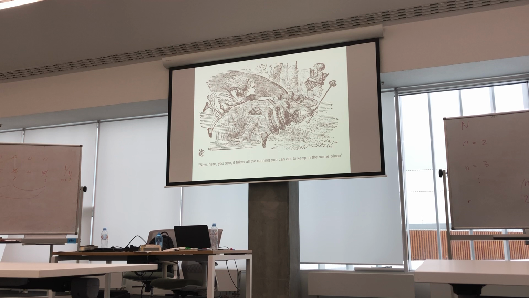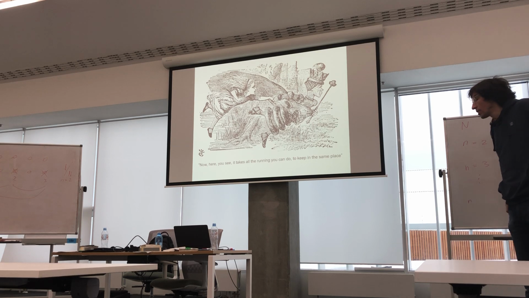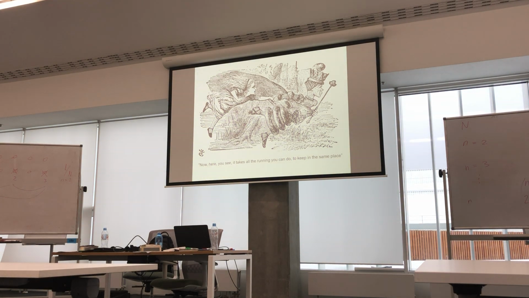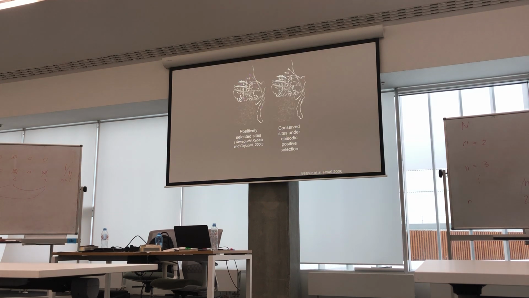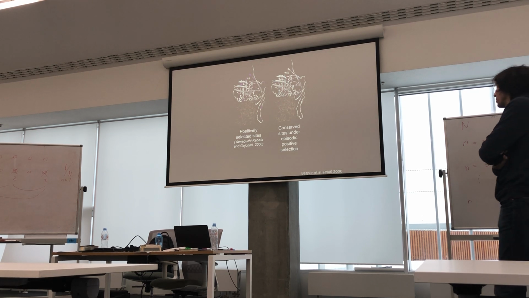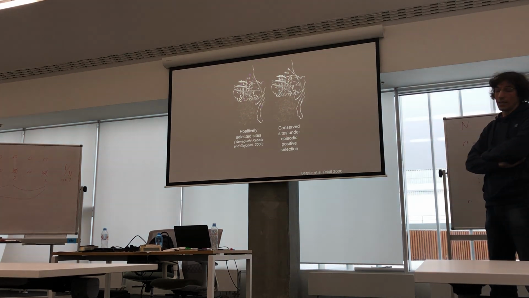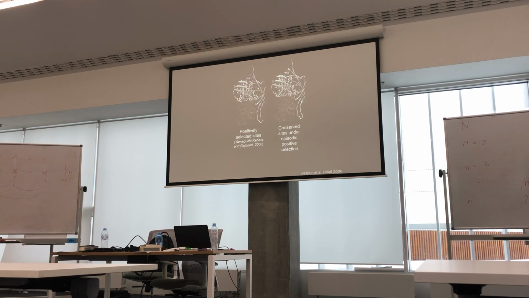She says that in this country, it takes all the running you can do to keep in the same place. That's exactly what the viruses apparently have to do. They have to evolve constantly to avoid the constantly changing fitness landscape imposed by the host immune system. The simplest thing you can do is to map the positively selected sites and the negatively selected sites, and that already tells you something.